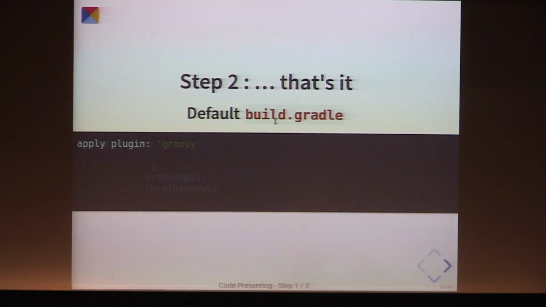So basically, if you just want to write something in Groovy, you don't have to do anything else. And as for dependencies, it adds the Gradle API so that you can write plugins or tasks or specific things related to Gradle, and the local Groovy, which is going to find the specific Groovy runtime for your local computer.